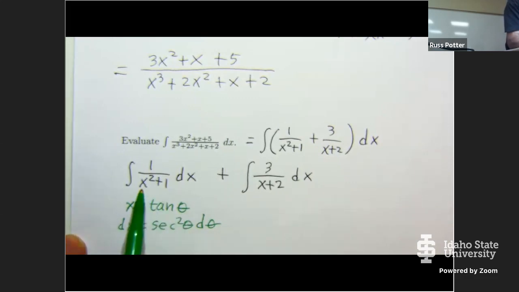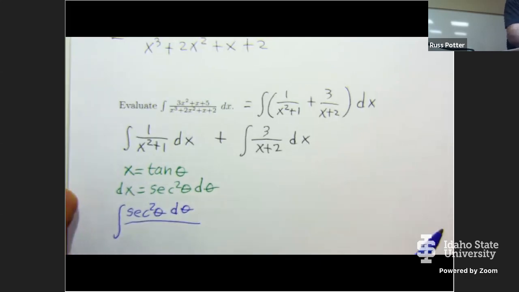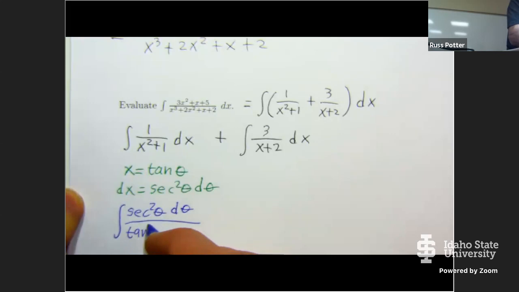And when we replace x with tangent of theta, I'll write what dx is equal to in the numerator. So the numerator, we can write it as secant of theta squared d theta. And in the denominator, replace x with tangent of theta, we get tangent of theta squared plus 1.